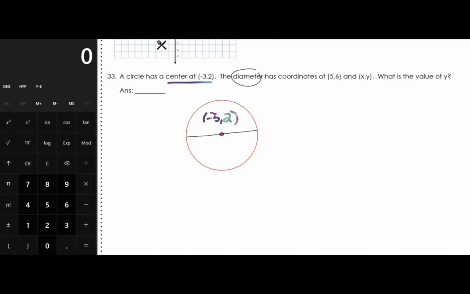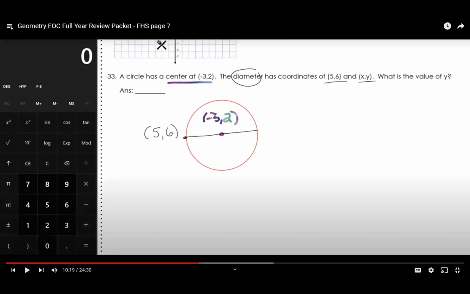It's a quick sketch. The one on the right is (5, 6), and the other one is missing. So we have one endpoint that they gave us. Okay, so she's writing (5, 6) on the left. That can't be possible. The diameter has to go through (-3, 2).